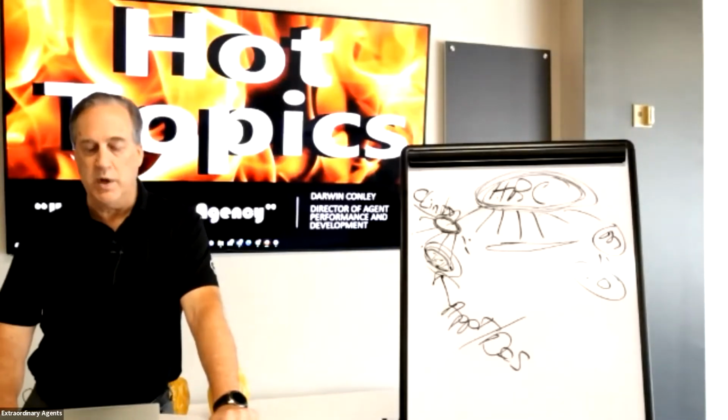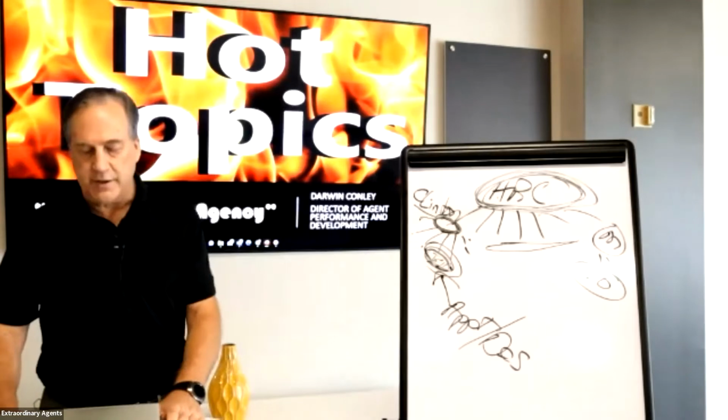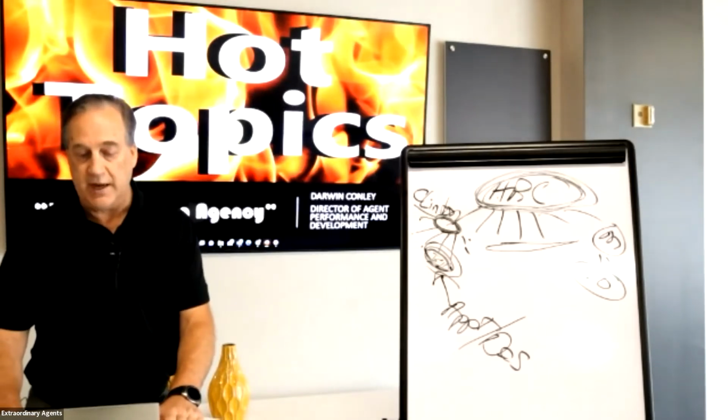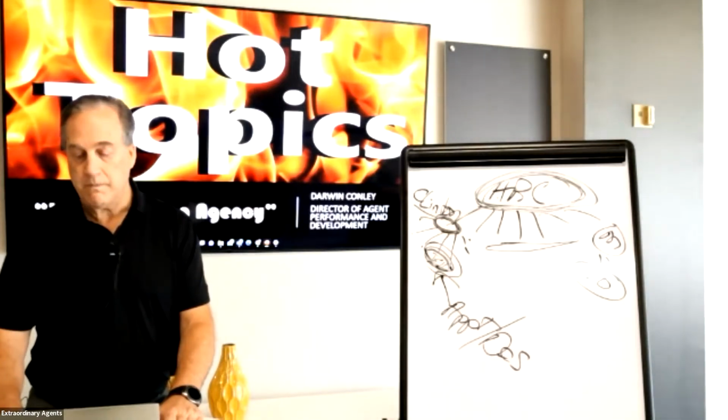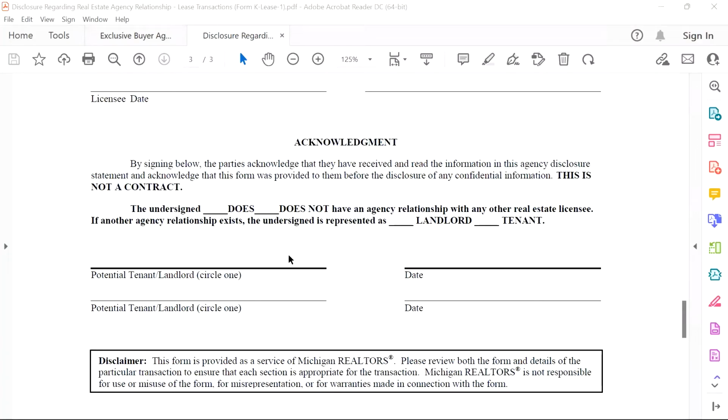Okay, so that was one of the big clarifications for last week. Now, let me go back to the form, even though it's the wrong one. It's going to do the same thing. This section right here is another one where commonly we're finding that people are not completing it correctly.